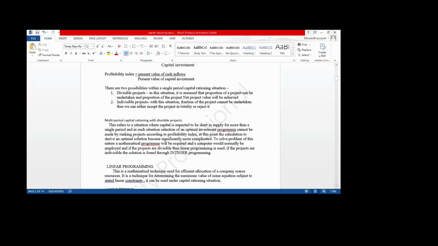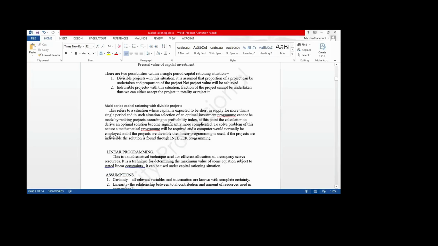When you are faced with multi-period capital rationing, your project selection cannot be decided by profitability index.